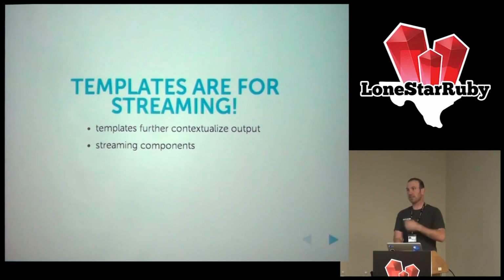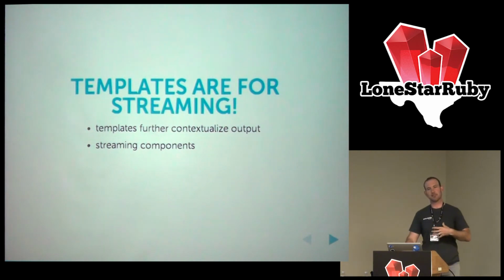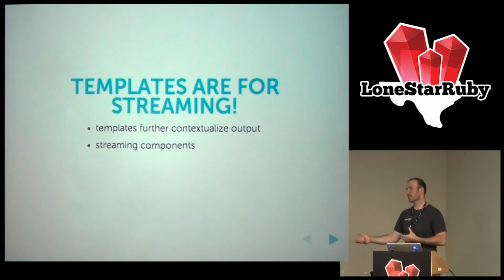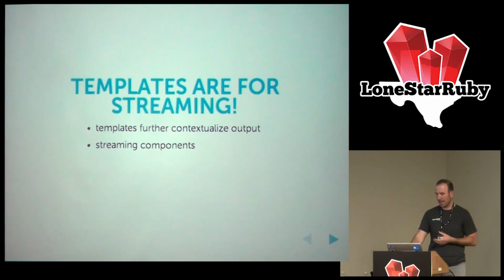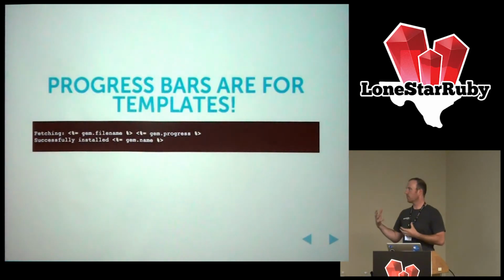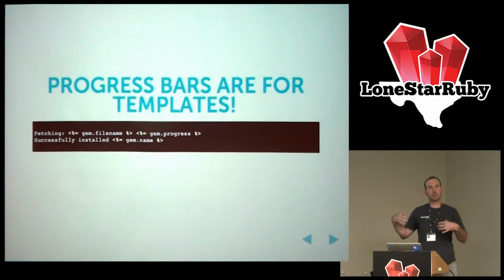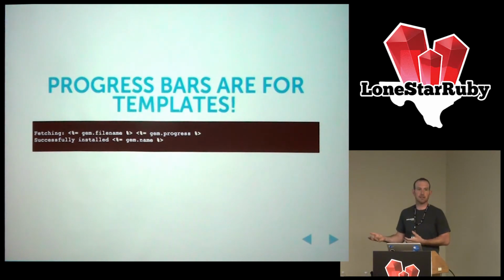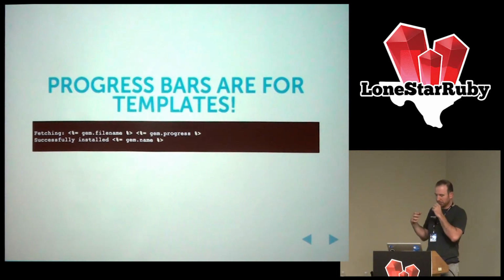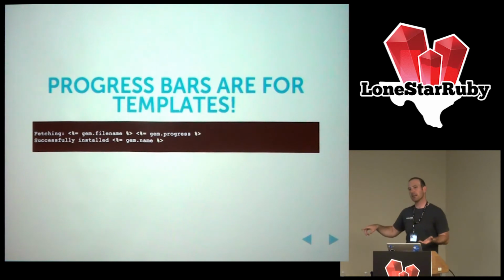And one of the things that this enables is you can have streaming components. By passing control of the stream to something that's embedded in the template, you can pass control to a streaming component and then back. An example of this is doing a progress bar inside of a template. There's no reason I shouldn't be able to do this. I want to substitute the gem name here and then the actual progress.